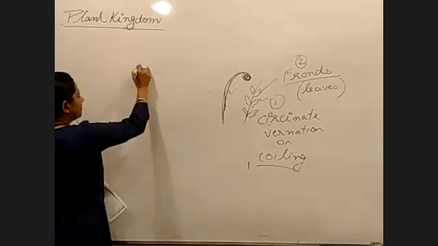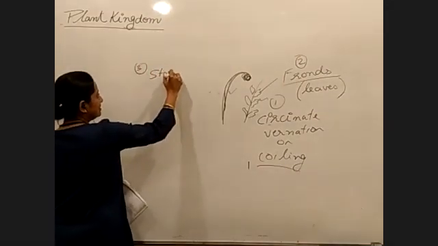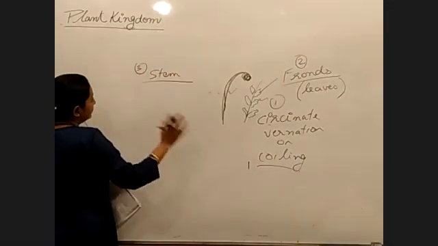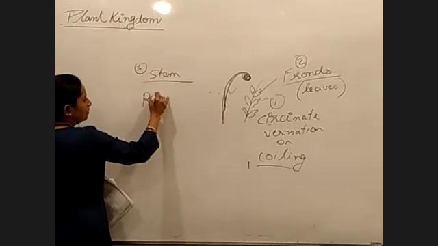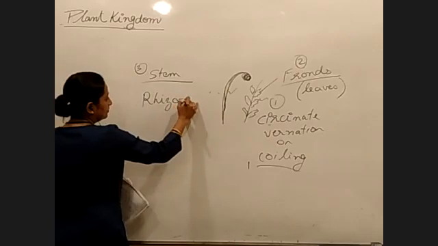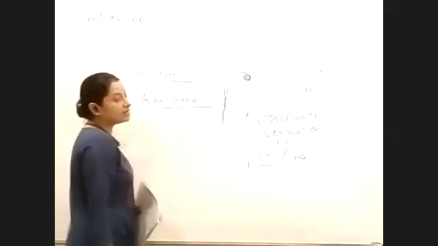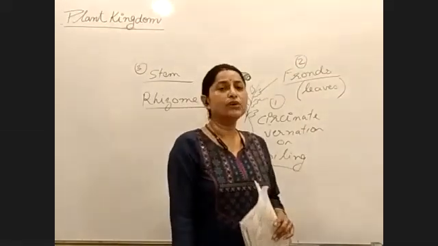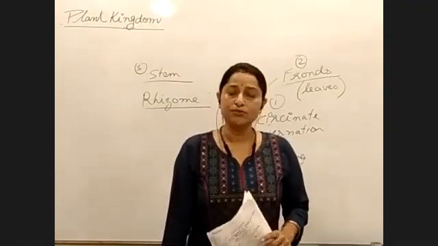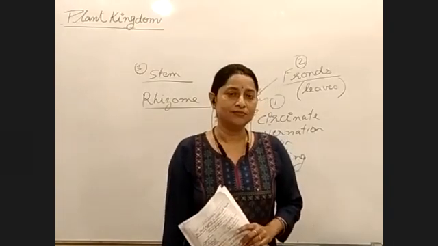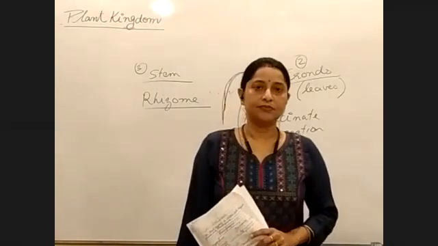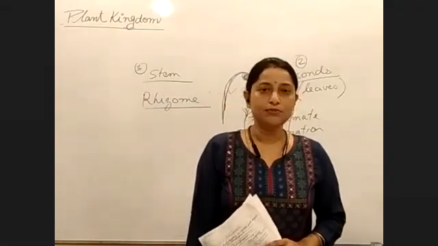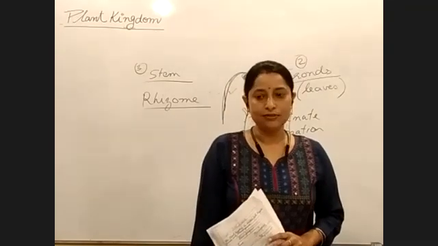The third characteristic is something about the stem, right? If a plant is a fern, then what will its stem be? It will be a rhizome. I think you have an idea of a rhizome. When I say rhizome, tell me an example. Have you studied it before? Haven't you studied rhizome?